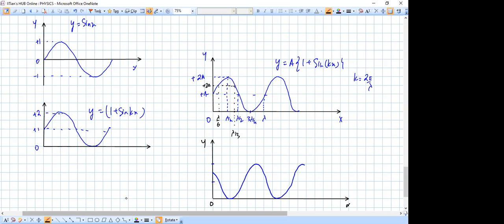So if this were to be a stationary graph, the snapshot pictures graph would be 1 plus sine k into to write it like this. Okay.